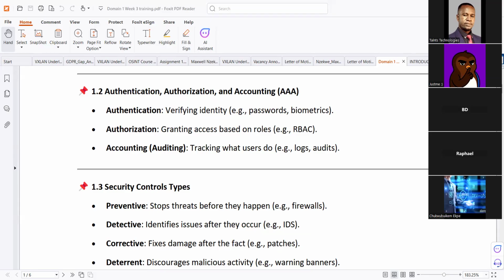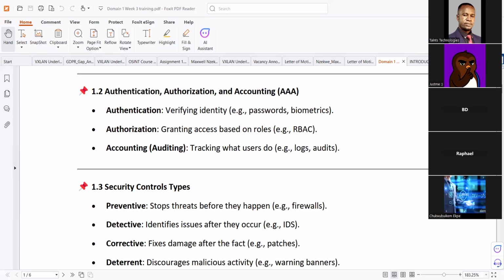Authentication is: who are you? You often hear it: this system authenticates me before I log in. It's the process of verifying who you are, the user's identity. When you log in to your email, you enter a username and a password. Password, biometric, smart card, multi-factor authentication. The goal is to ensure only legitimate users gain access. That is authentication. Who are you?